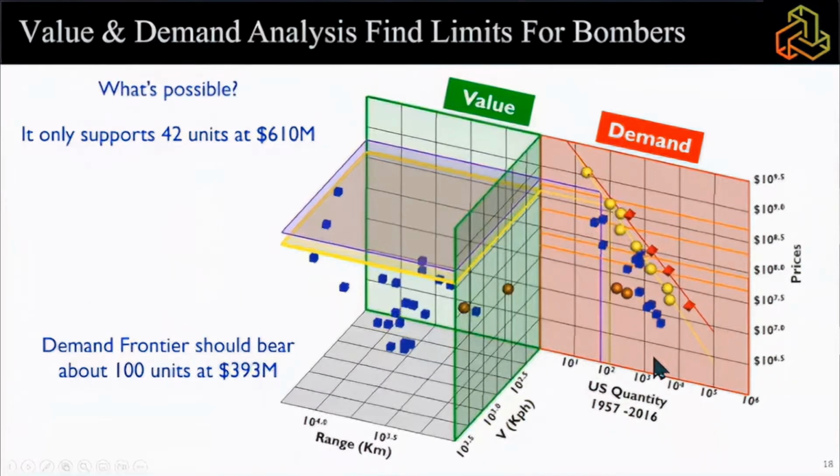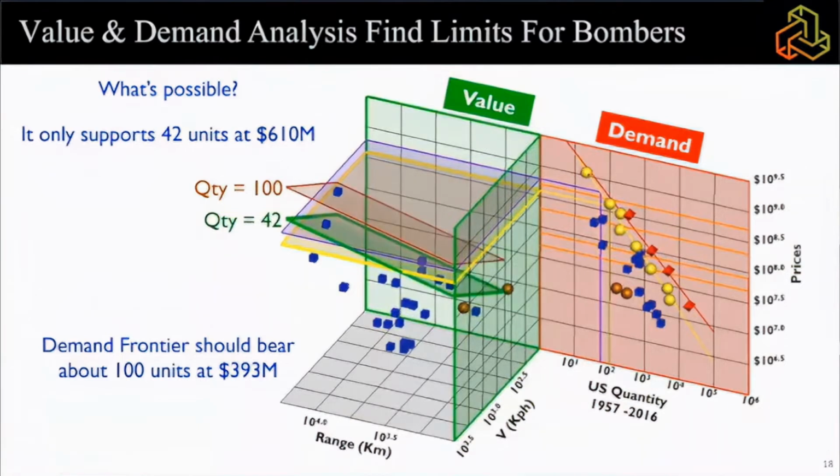And so if we take the two curves that we saw from before, where we put in the quantity term, you'll see you get a flat plane again in log space, and another flat plane in log space, one relating to the quantity of 100, the other to a quantity of 42.